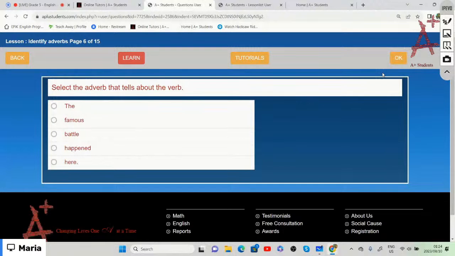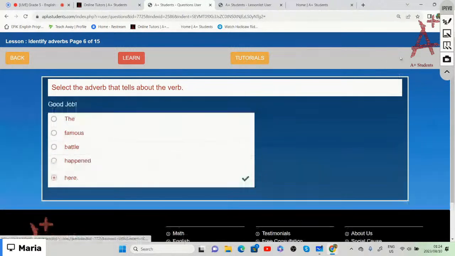The famous battle happened here. So where did the famous battle happen? Then we can say it happened here, because now it's telling us where.